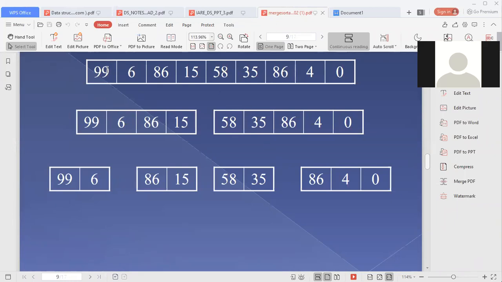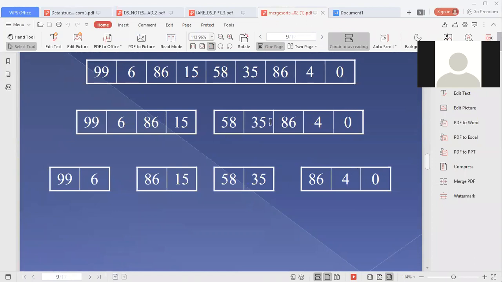An array of unsorted elements which contains 9 elements is divided into 2 parts, A1 and A2. A1 contains 4 elements and A2 contains 5 elements. Now A1 is further divided into A3 and A4, which contain 2 elements each. A2 is further divided into A5 and A6, which contain either 2 elements or 3 elements.